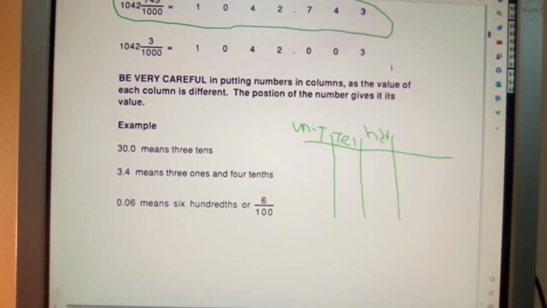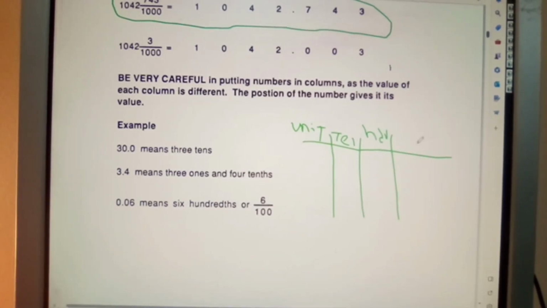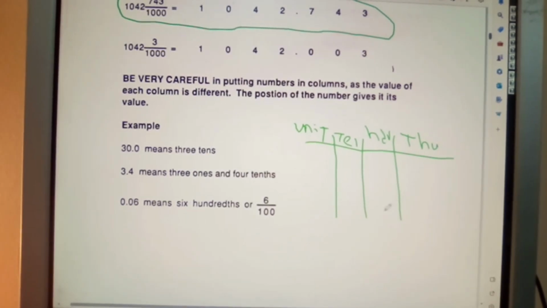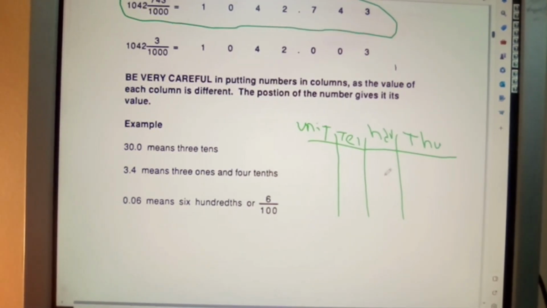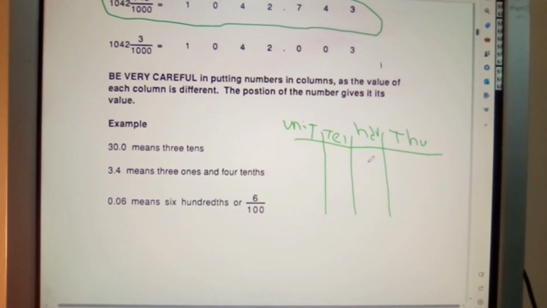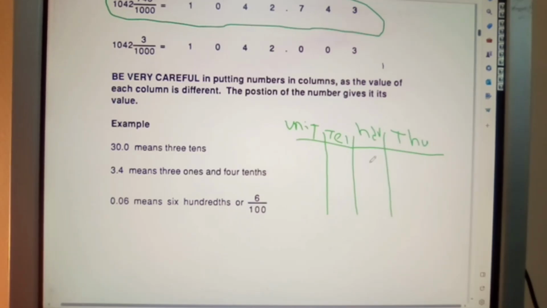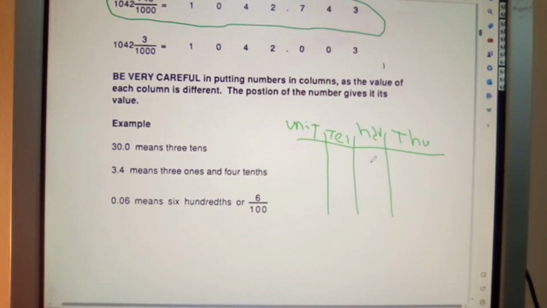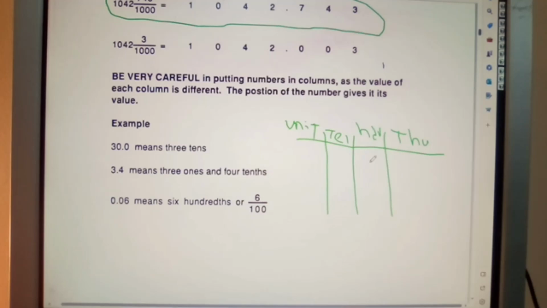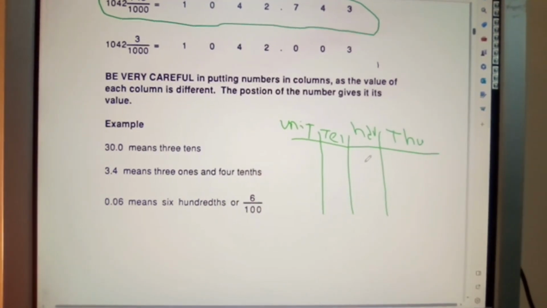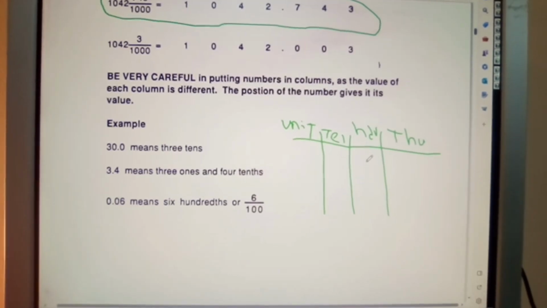Units, tens, hundreds, thousands. Now remember, you have to adapt your style of learning as well.